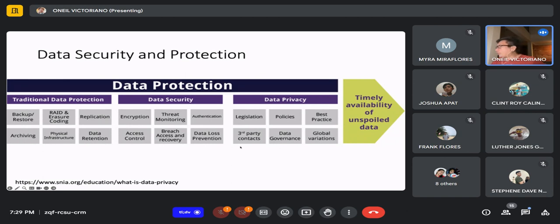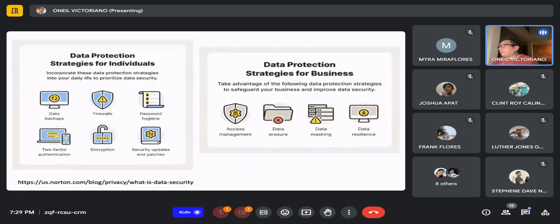And then we have third party contracts, looking into third parties, like for example, if you are on cloud services. And of course, looking into the data governance of the organization and different global variations of these policies or frameworks. And you might look also at different strategies for individual data protection, and strategies for business data protection.